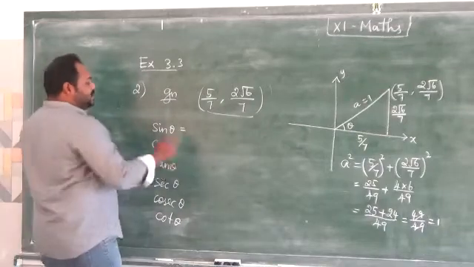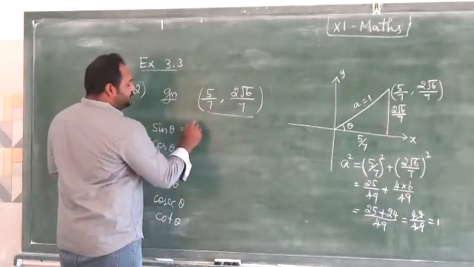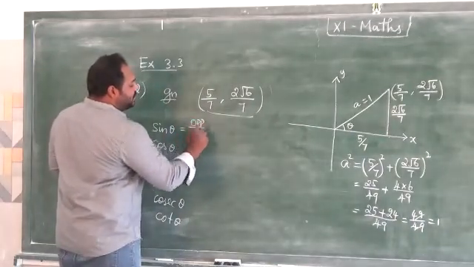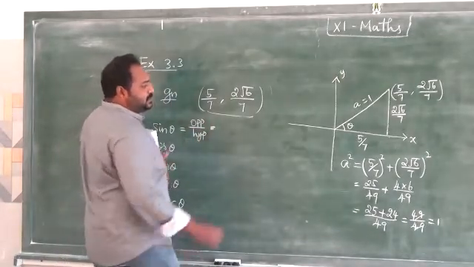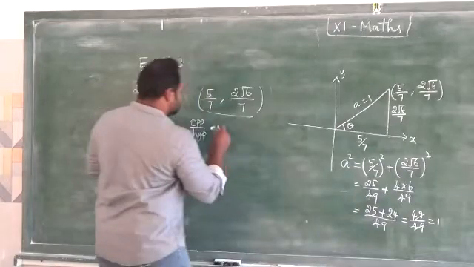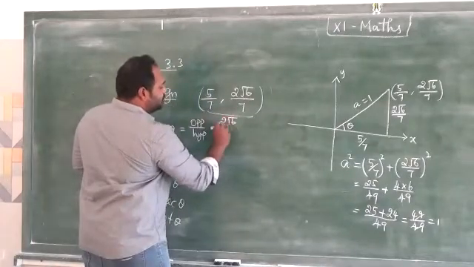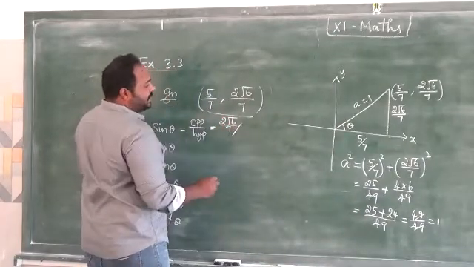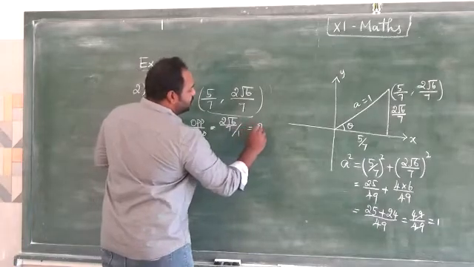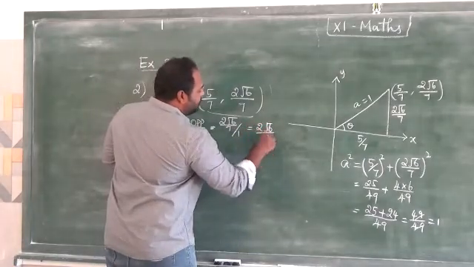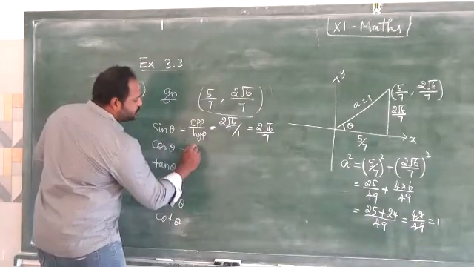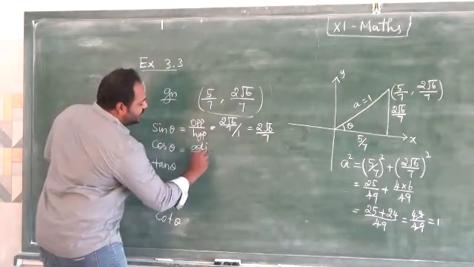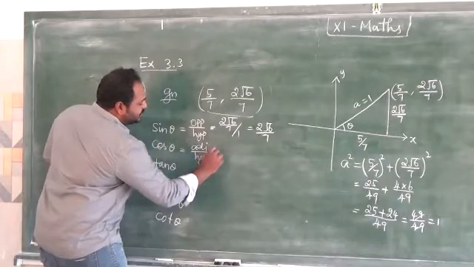So sin theta can be written as opposite by hypotenuse. What is opposite? Opposite to theta is 2 root 6 by 7 divided by hypotenuse value 1. So it is 2 root 6 by 7. Cos theta is adjacent by hypotenuse.